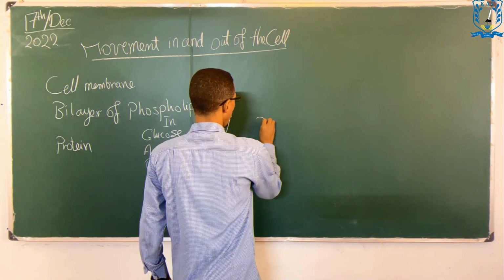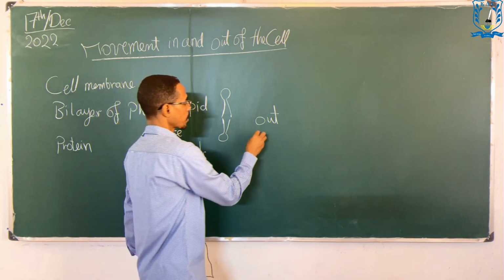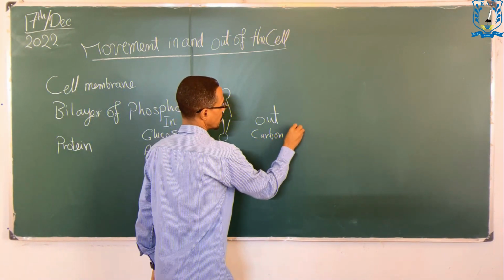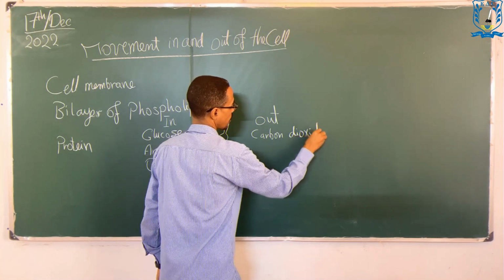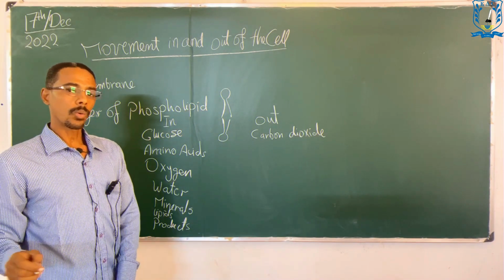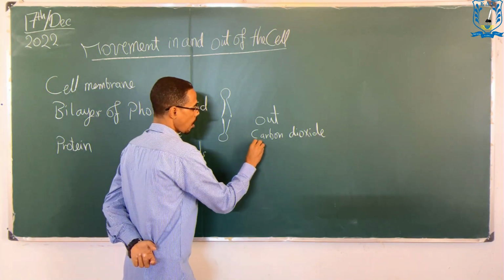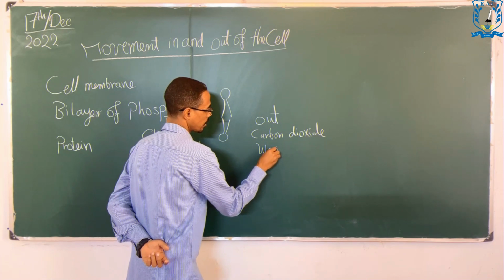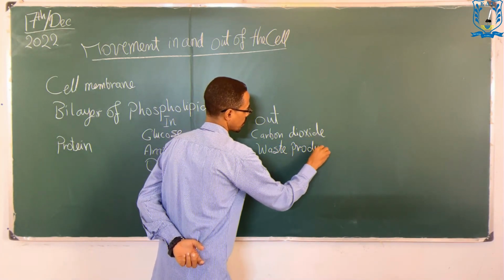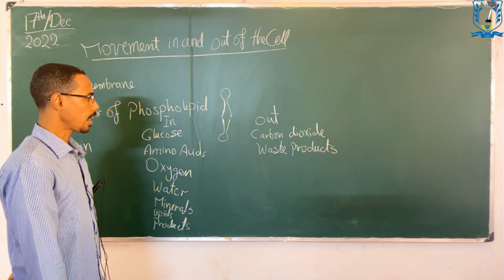Substances that must get out will be carbon dioxide, and the other substance that will get out will be waste products, such as ammonia or urea or something like that.